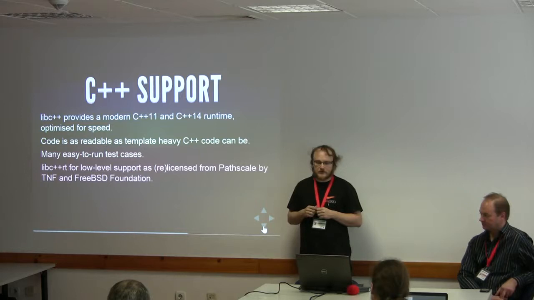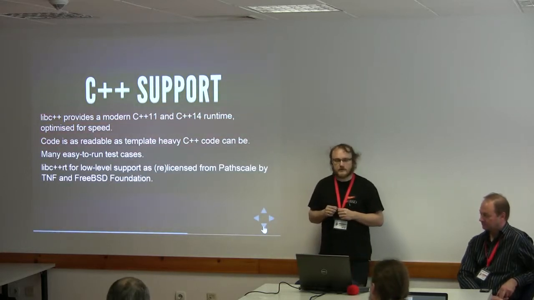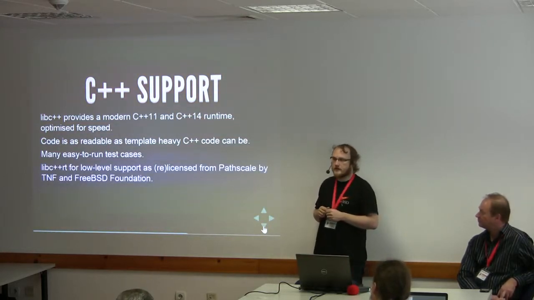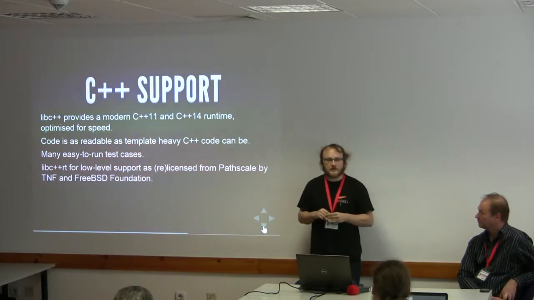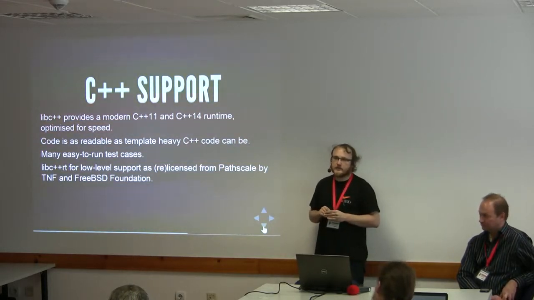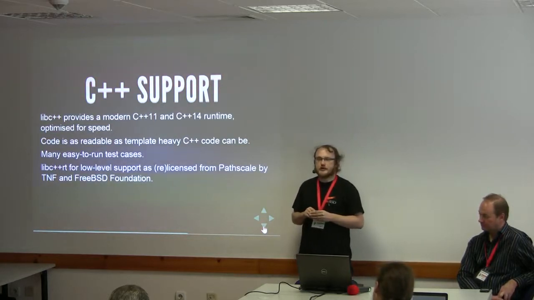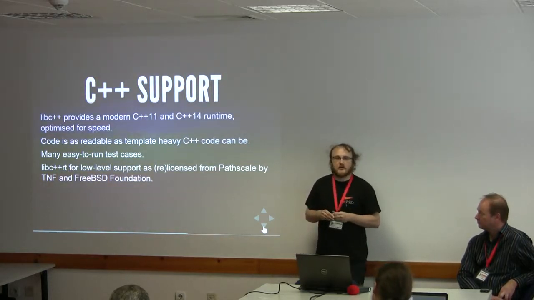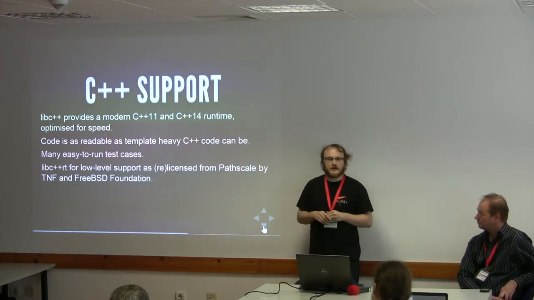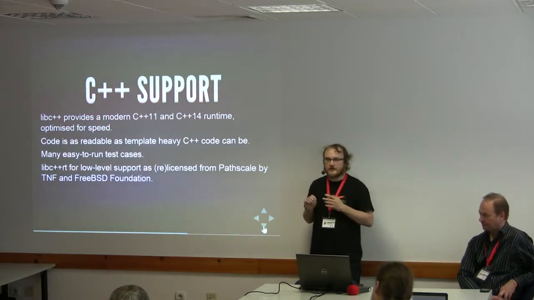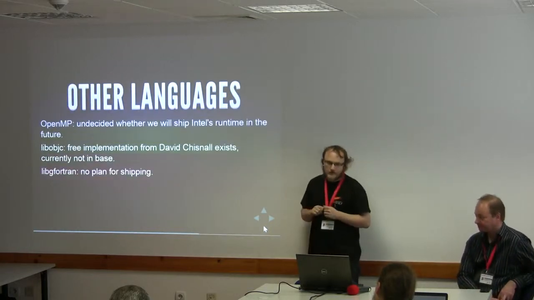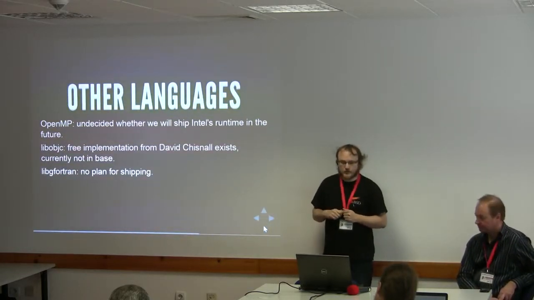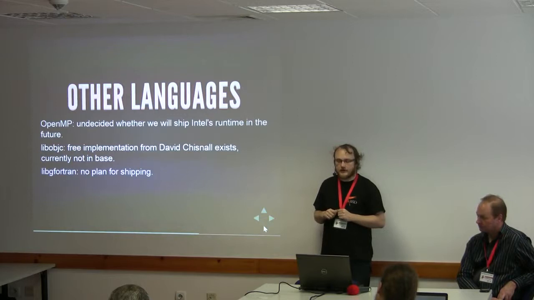We have the low-level support under a BSD license. That's code originally written by Pascal, and the FreeBSD Foundation and the NetBSD Foundation together basically obtained a relicense so that we can use this. There are some other languages we haven't really decided on yet.